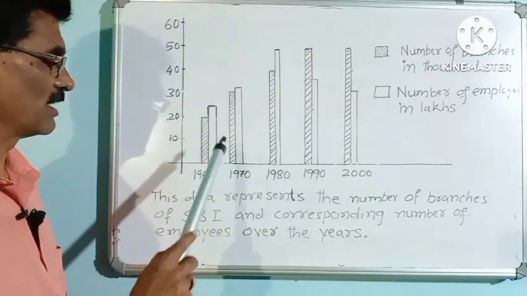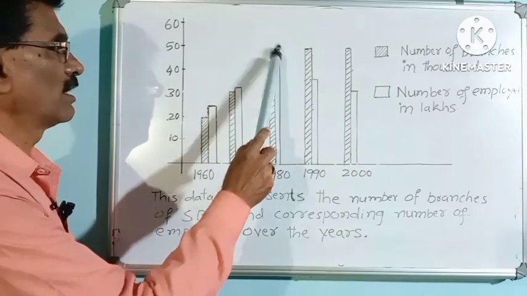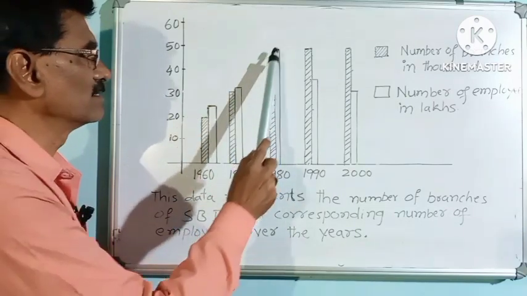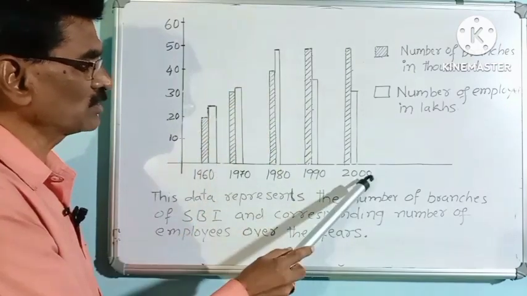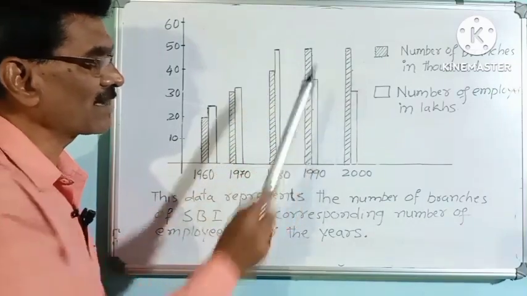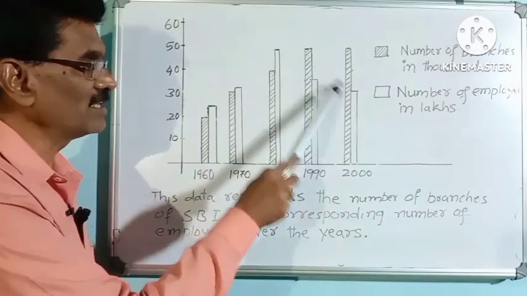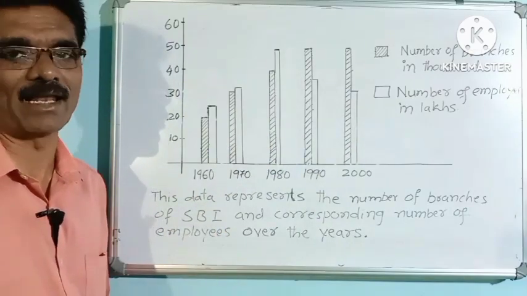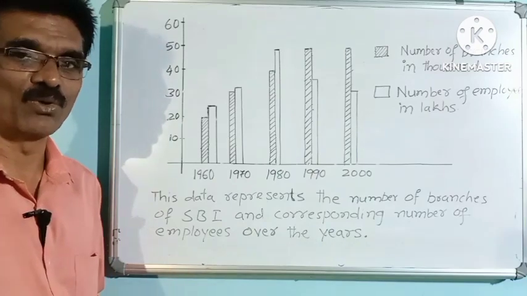And a very important thing is, the number of employees is increasing up to 1980, but from 1980 to 2000, in these 20 years, there is a gradual decline. This is our highlight. Now we have to write why it is so.